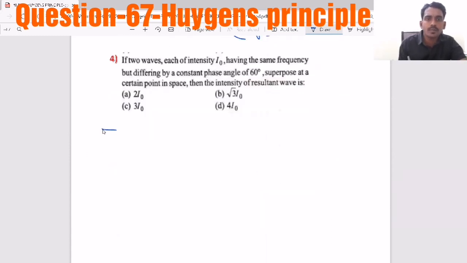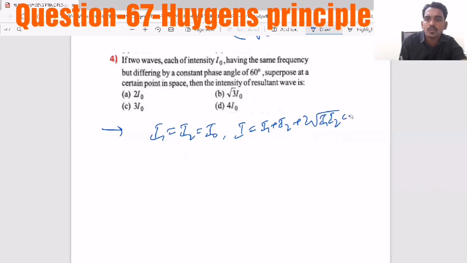Now, if two waves each have intensity I0, so I1 and I2 are both equal to I0. Now I equals I1 plus I2 plus 2 root I1 I2 cos phi. Let's make one general formula.